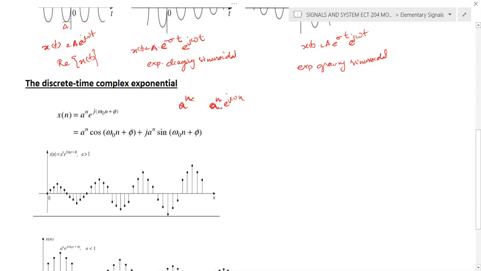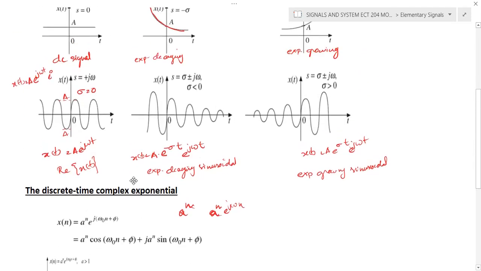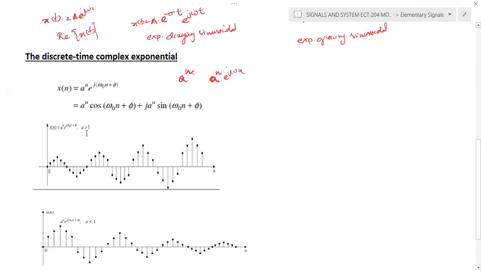Okay, so we already discussed what happens if a value is different. Now if a value is greater than 1, we know that if sigma is greater than 0, the same behavior. And here in the discrete time case, it is a greater than 1. Okay, so please refer to the previous slide.